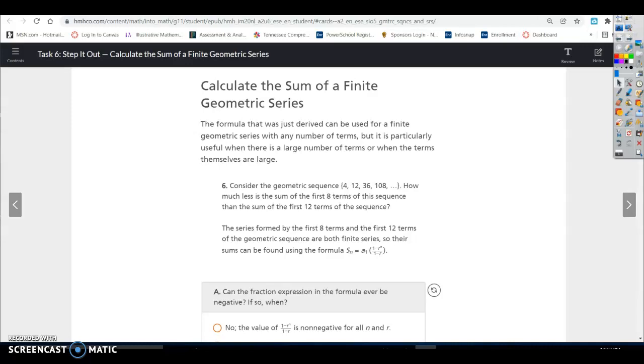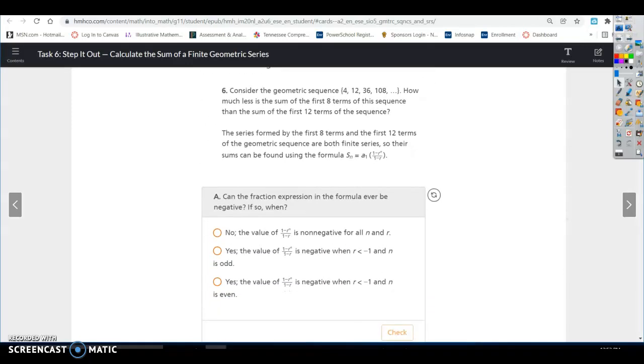Consider the geometric sequence 4, 12, 36, 108, ... How much less is the sum of the first 8 terms of this sequence than the sum of the first 12 terms of the sequence? All right, so the series formed by the first 8 terms and the first 12 terms of the geometric sequence are both finite, so their sums can be found using the formula.